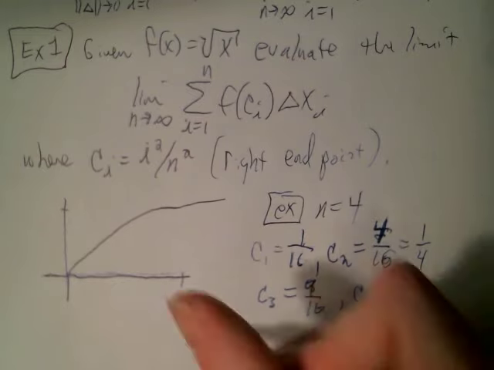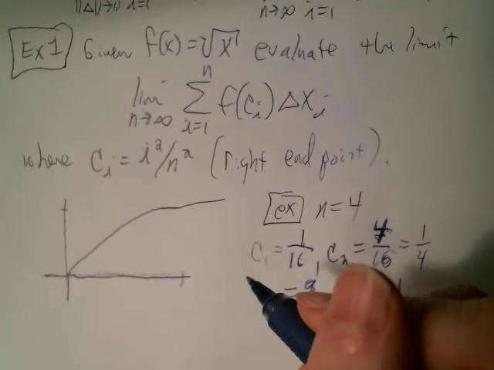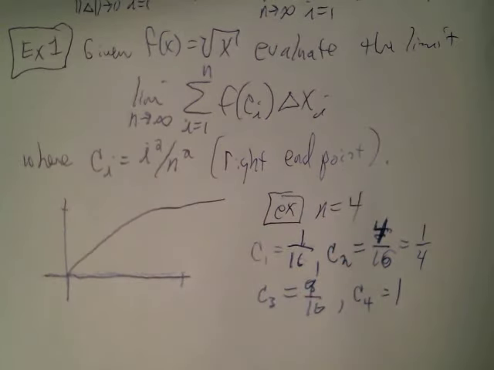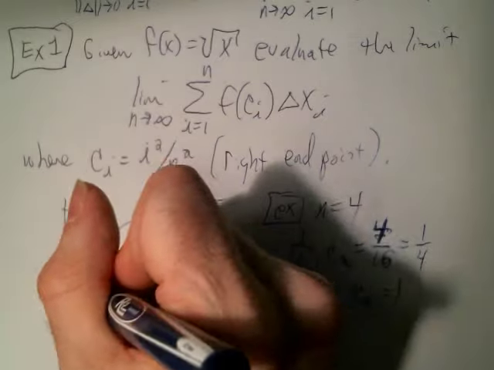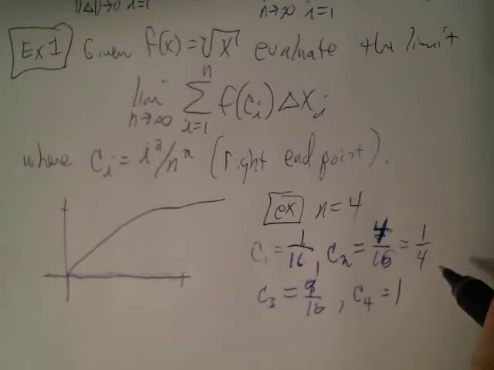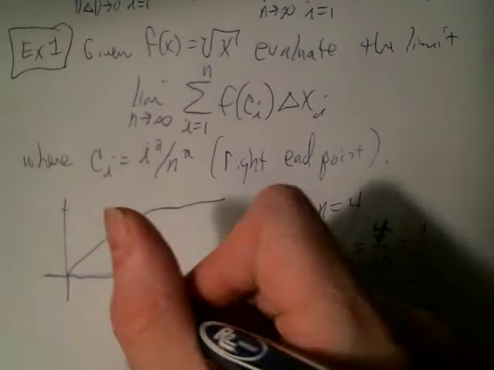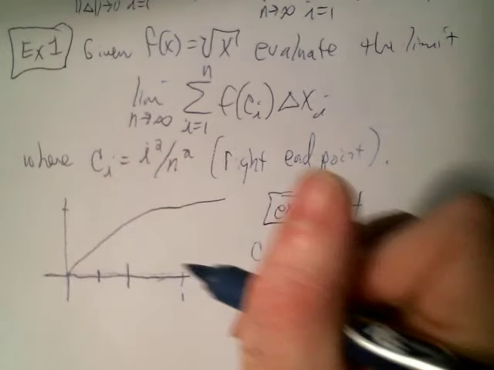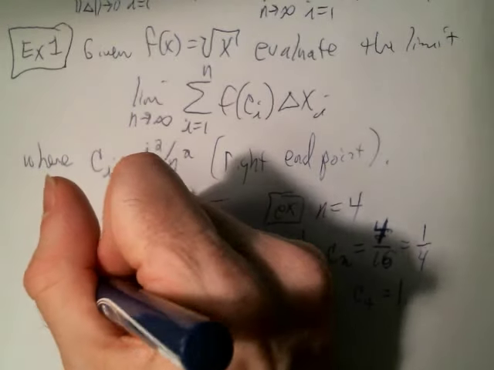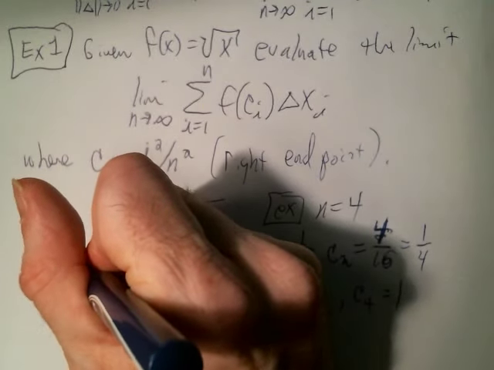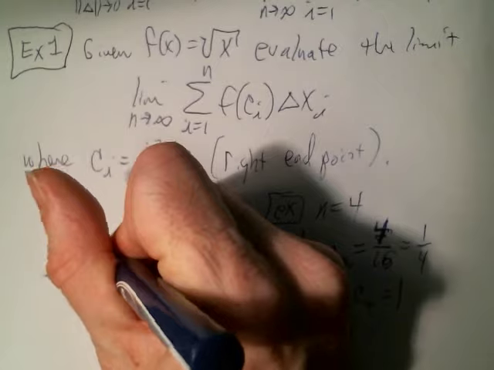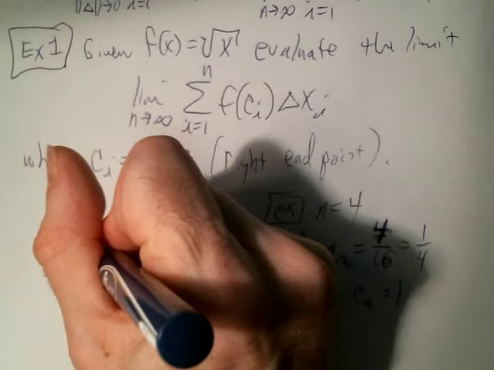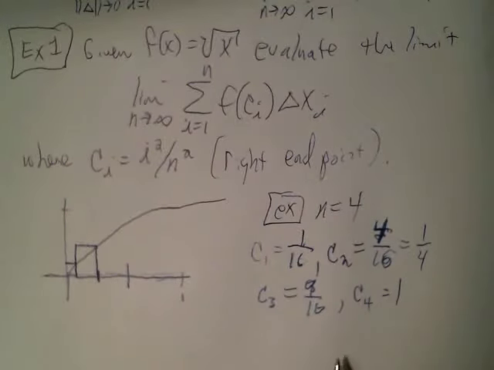So C4 is at 1. Let's see where C1 is at 1/16. This is 1/4. So if this is 1, I could split it in half, and then here's 1/4 way over here. 1/16 would be like in here somewhere, and then at 1/4 I would have, and I'm using right hand endpoints for my rectangles, I'd have this rectangle, and then 9/16.